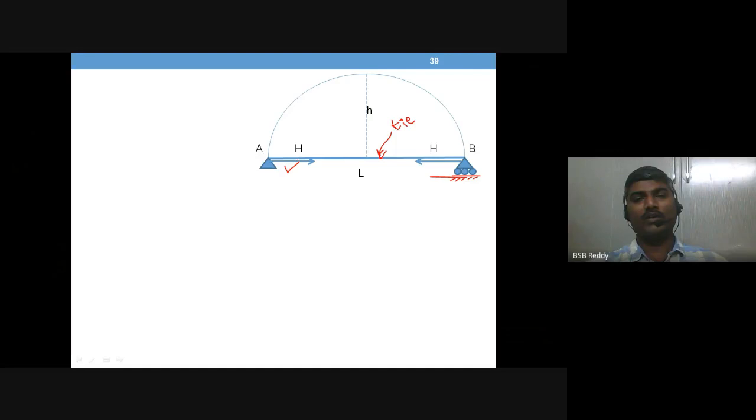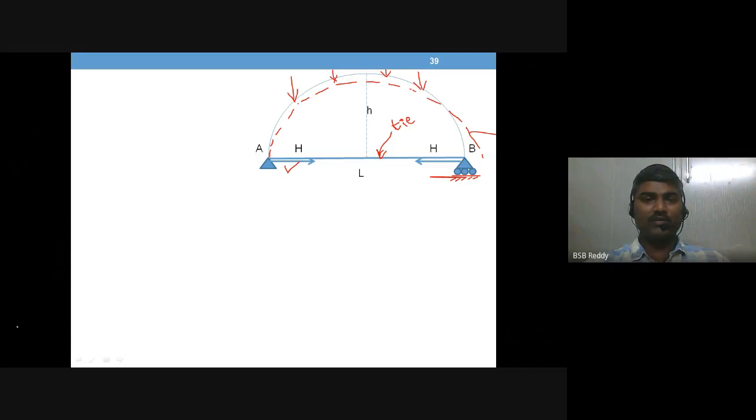The tie is holding the support because of what? If you load this arch by some loads, let us imagine that the arch is going to deform in this manner.